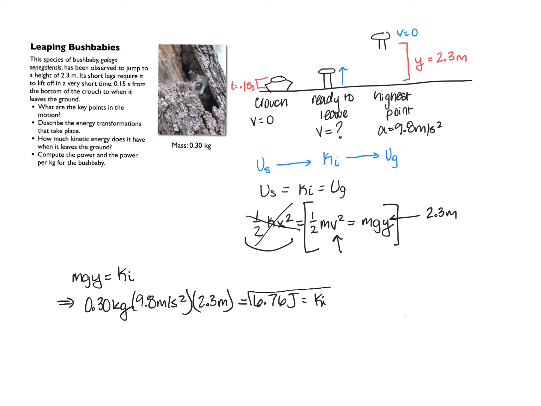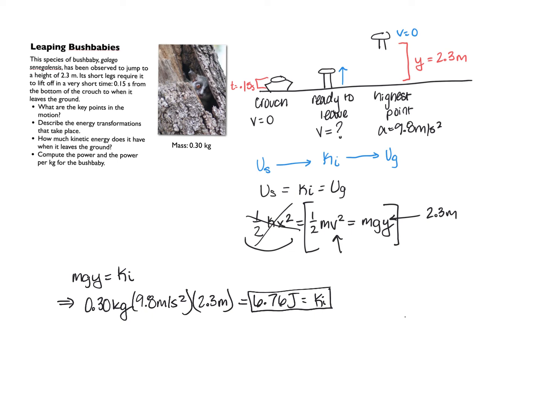To me that seems pretty reasonable because this animal isn't that big. It's pretty small, and I'm not going to expect a huge amount of energy. But that's still big enough to get it off the ground. So we found the kinetic energy it takes for it to leave the ground.